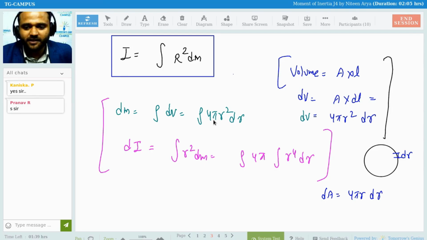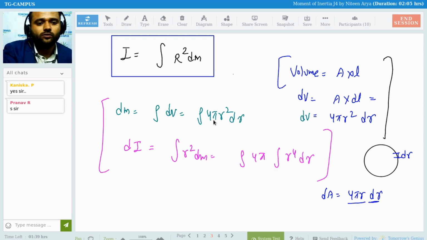dA is simple. This is your breadth, small dr, and that is your length.